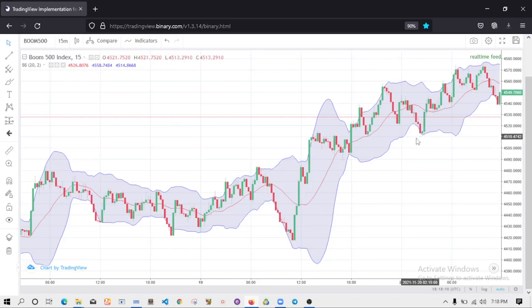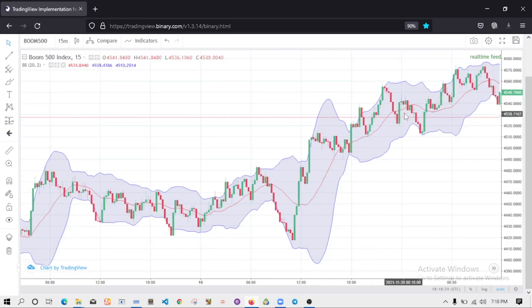But what you need to do is to enter once you see this entry signal, which triggers you to enter the buy. Once you see the lines start going far away from each other, you wait to see a spike that triggers your entry. Once you see this spike, you enter your trade and you catch those spikes.